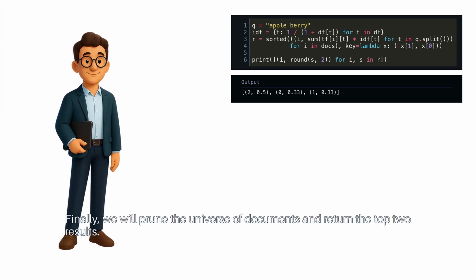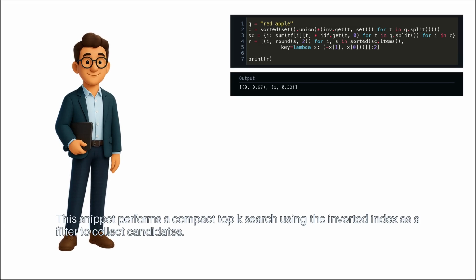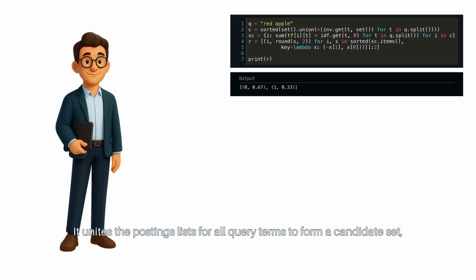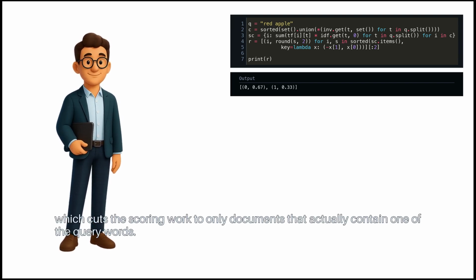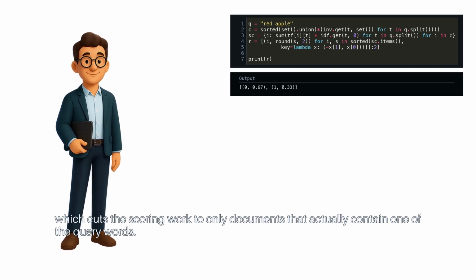Finally, we will prune the universe of documents and return the top 2 results. This snippet performs a compact top K search using the inverted index as a filter to collect candidates. It unites the postings lists for all query terms to form a candidate set, which cuts the scoring work to only documents that actually contain one of the query words.